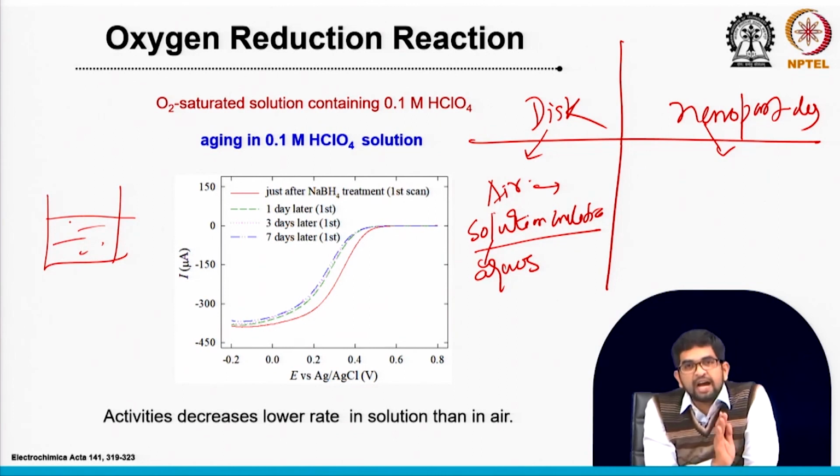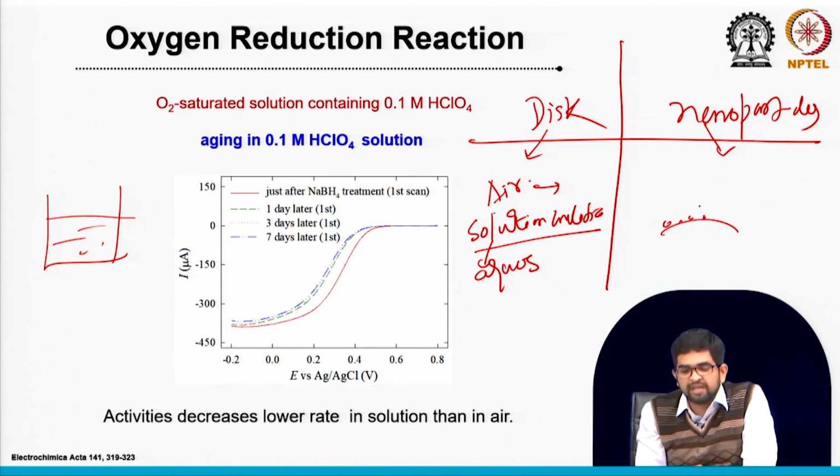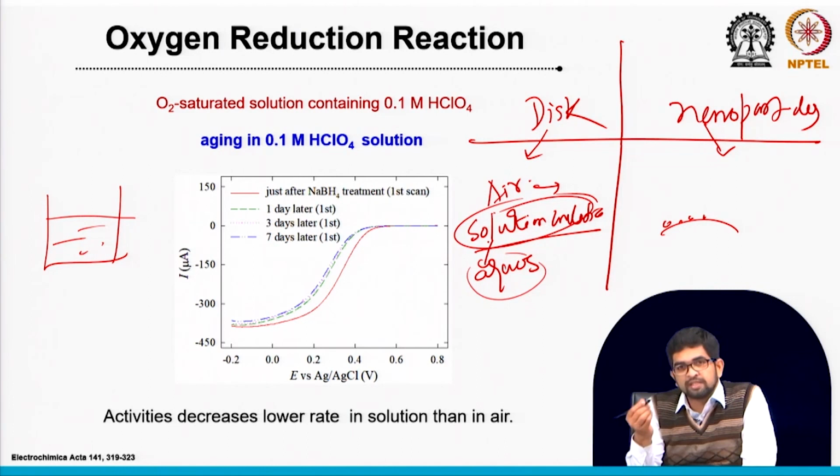Because platinum is highly active towards oxygen reduction reactions, but if you keep it for a longer time in the laboratory environment, and somehow the platinum active site is blocked by very little contaminant, immediately you may see deactivation. But if you store it in the aqueous stage, these contaminations may come very slowly or almost not at all.